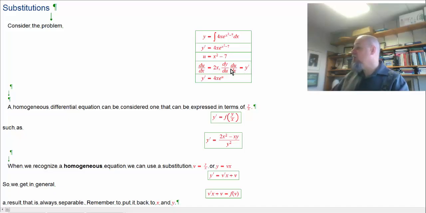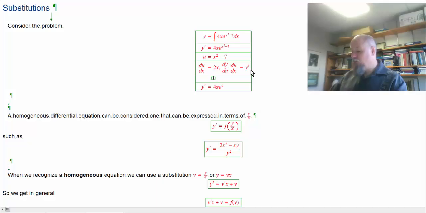So I'm replacing this y prime with dy du times du dx. And I know what du dx is. It's 2x. So I'm replacing y prime with 2x times dy du.